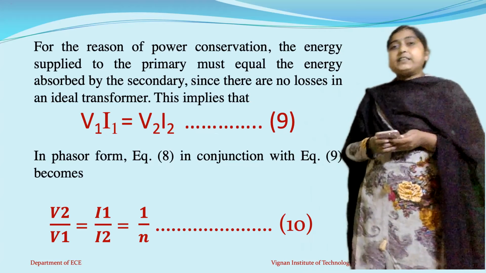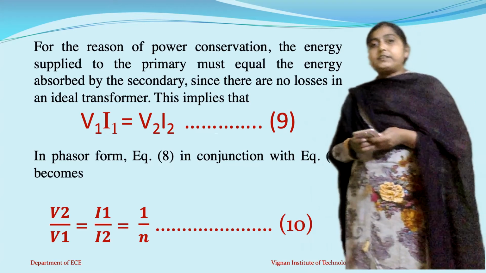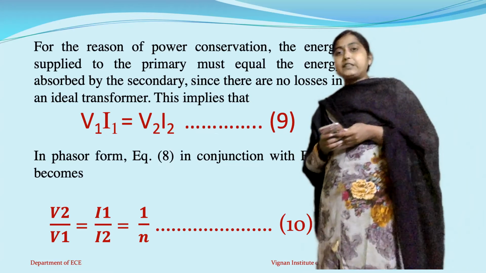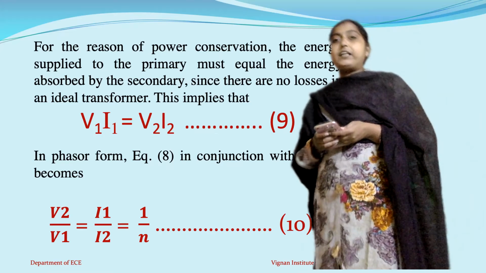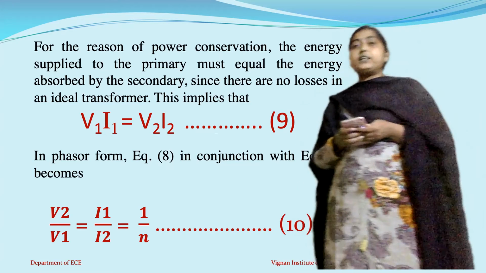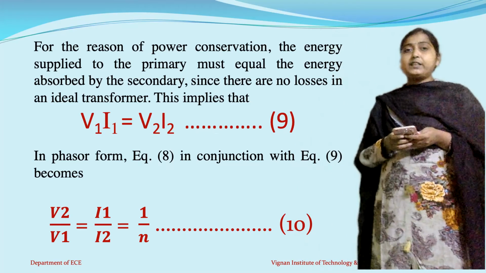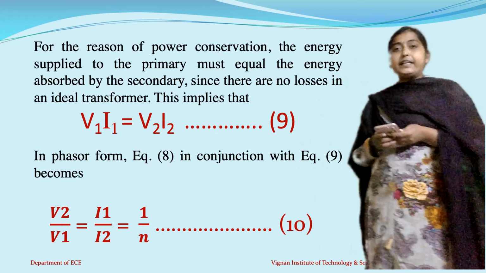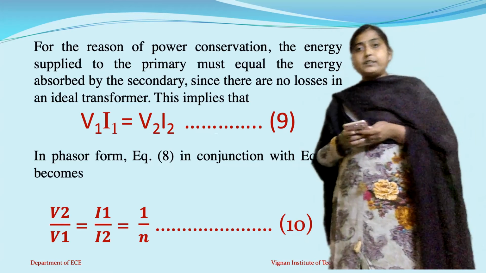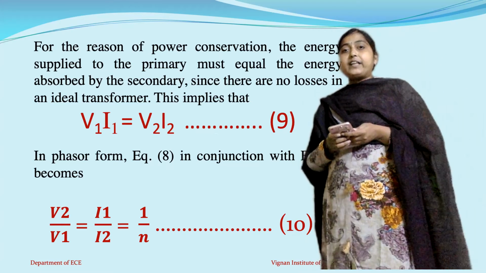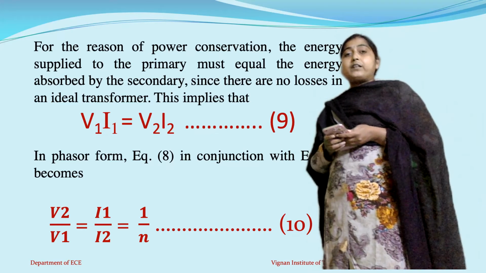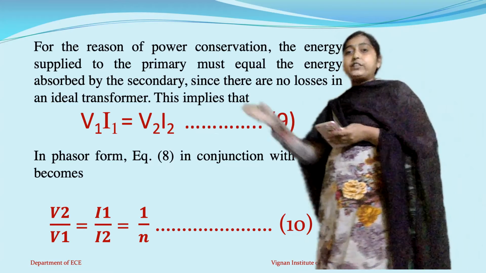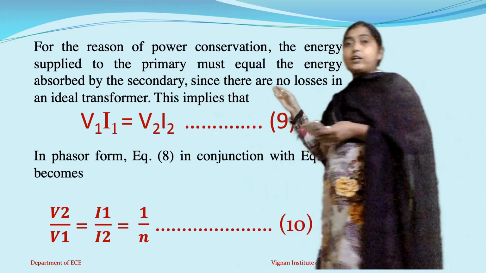Now for the reason of power consumption, if you consider that energy which is being supplied on the primary winding must be equal to the energy which is being absorbed by the secondary winding, then only the purpose of the ideal transformer will be successful. As we are saying, ideal transformers have no losses.